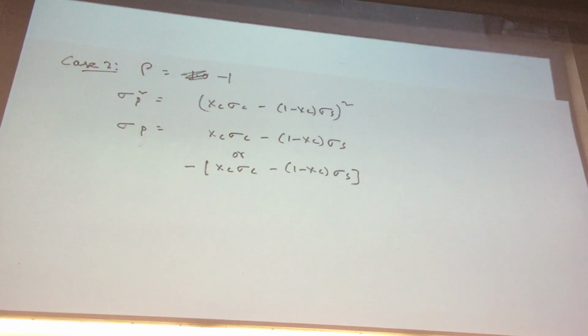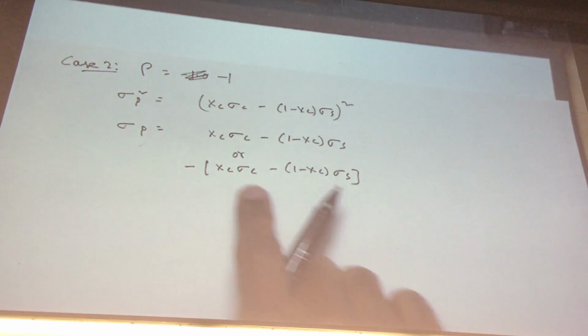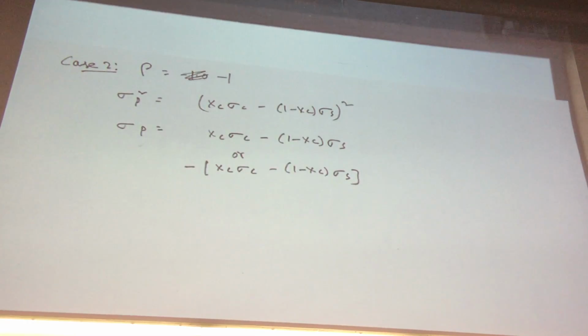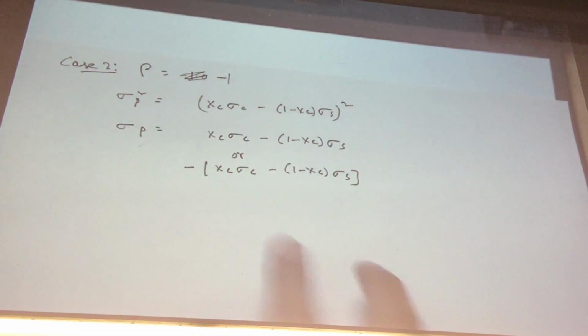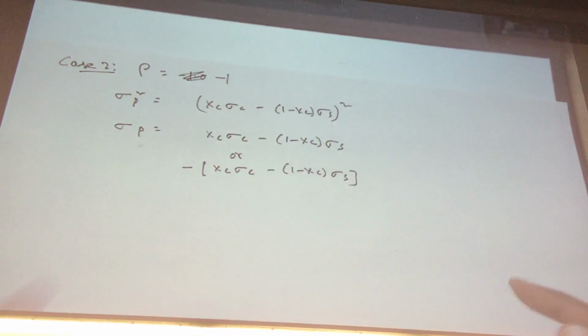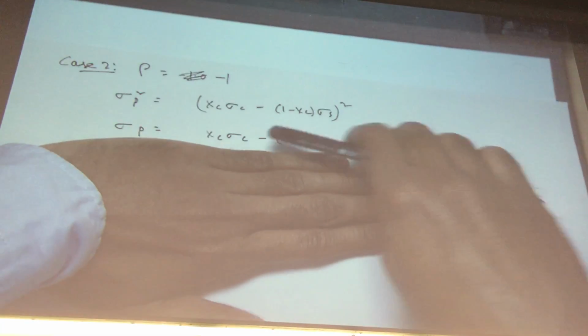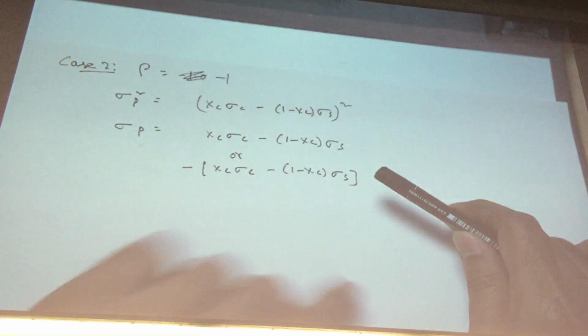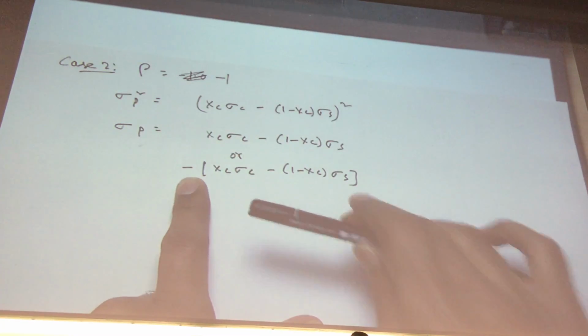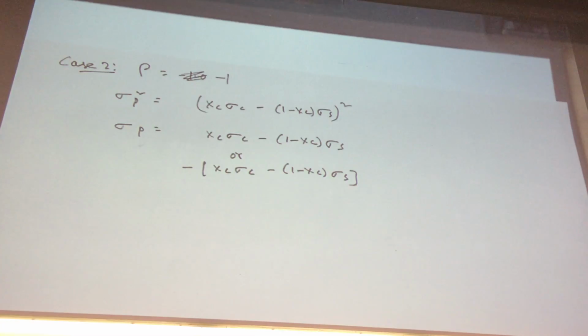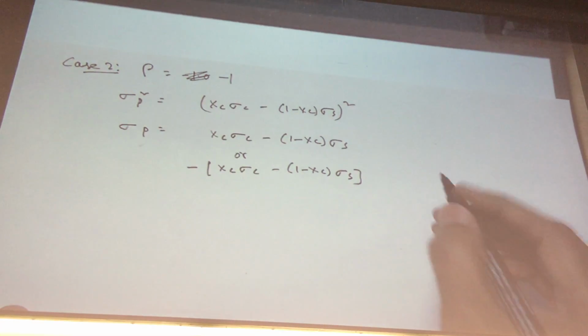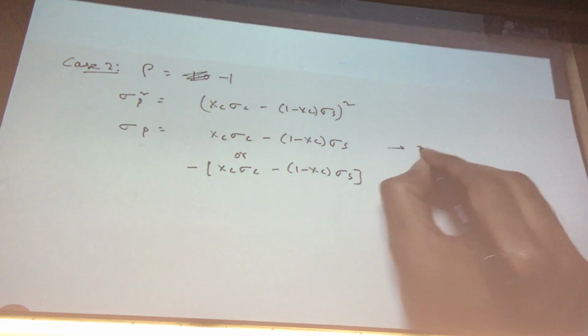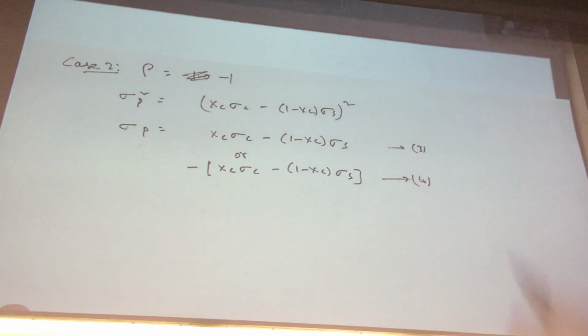Now, can I ignore the second one here? Why can't I ignore the second one in this case? Because there is no guarantee that this is always positive. If this is negative, then this is going to be positive. So you have two possibilities for the sigma. So that's why you just leave both, equation 3 and equation 4 if you want.